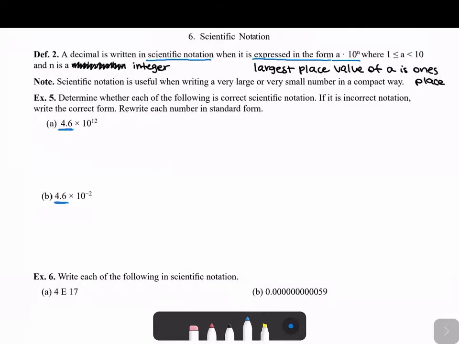So the standard form just means to expand it, right? So 4.6 times 10 to the 12. You start by writing 4.6. And if the exponent is positive, you move the decimal to the right.